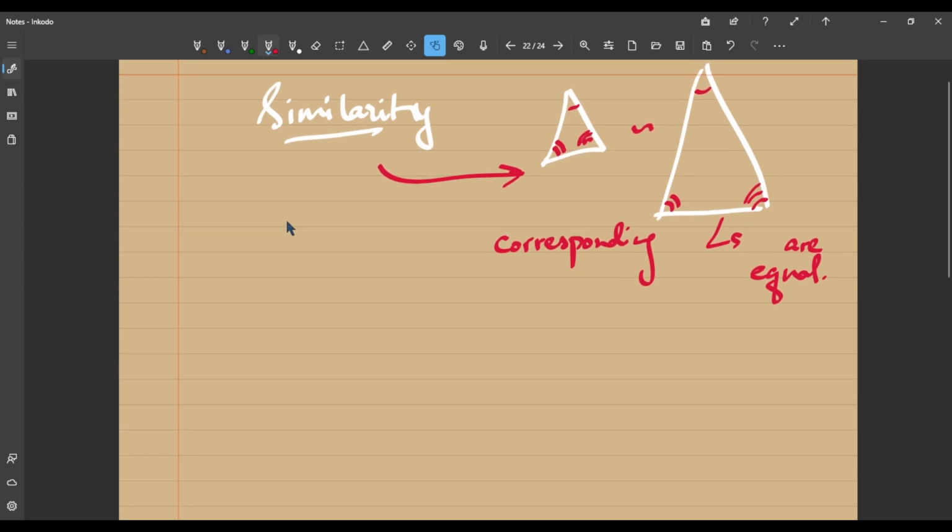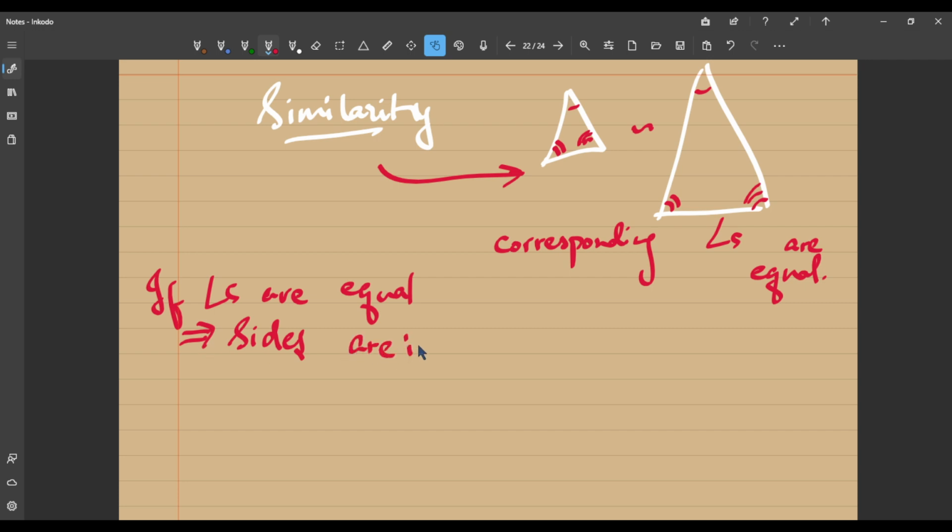And as soon as we saw that the angles are the same, the sides were also in a specific ratio. So if angles are equal, and when I say angles are equal, I mean the corresponding angles are equal, this implied that the sides are in ratio, or the sides are in proportion.